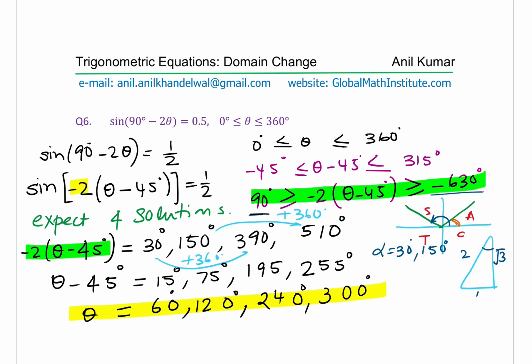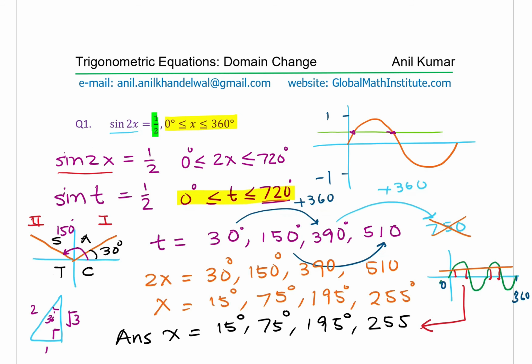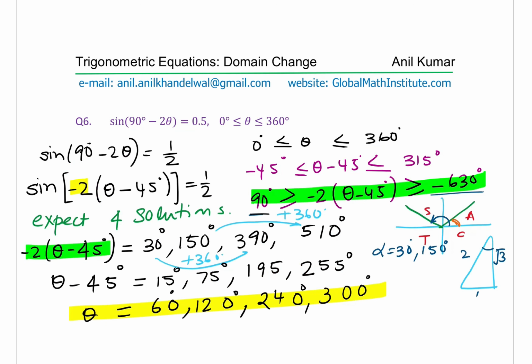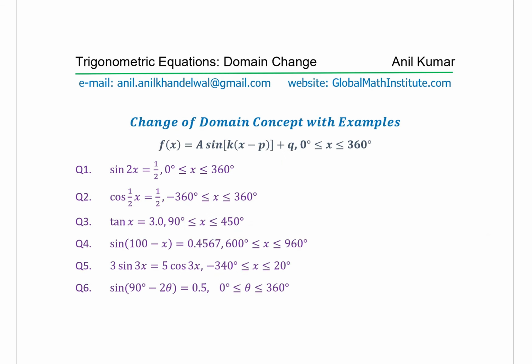So I hope you understand and appreciate that beginning from a simple example like sine 2x and ending here at sine of 90 minus 2 theta, we have gone through all the processes of learning how to solve trigonometric equations when we are looking into change of domain.